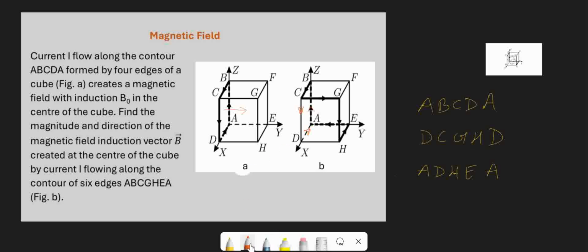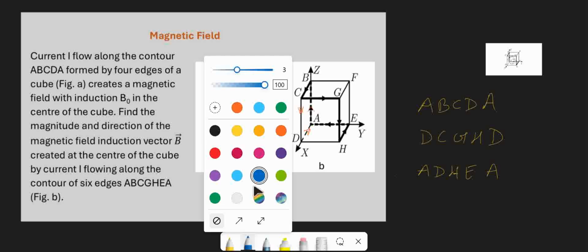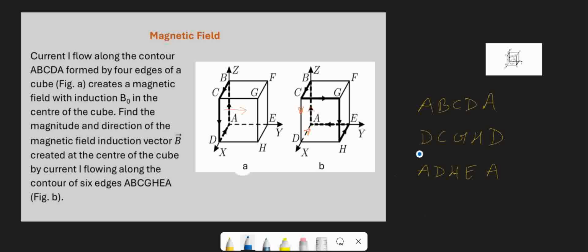But when we start considering the next contour DC, that cancels out the current in this edge. It completely cancels out the current in this edge. Then C to G has been taken into consideration. This is part of the circuit.